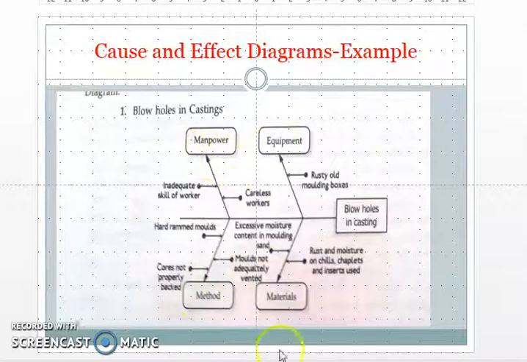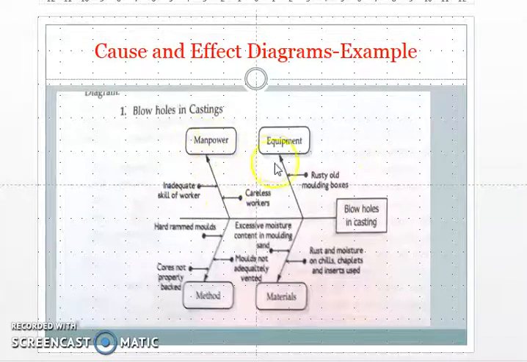In every problem there may be these four main causes, or after discussion you may take only those causes which affect the problem.